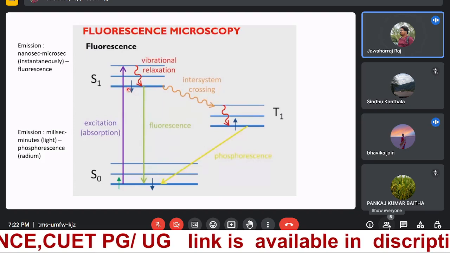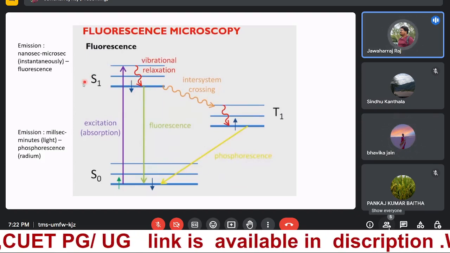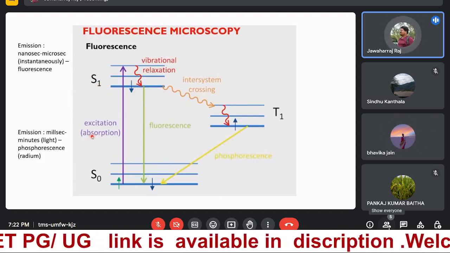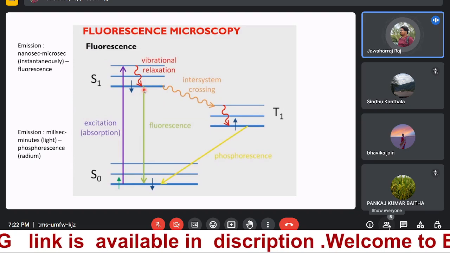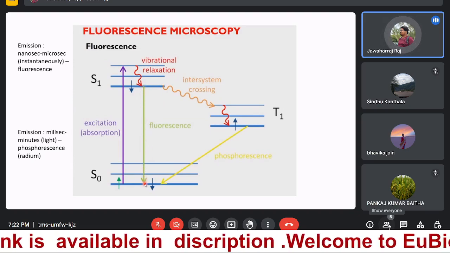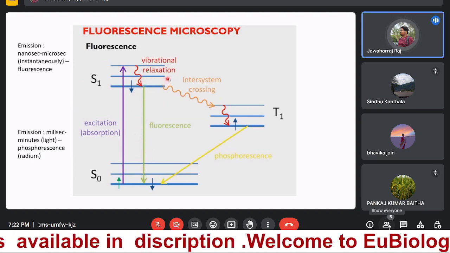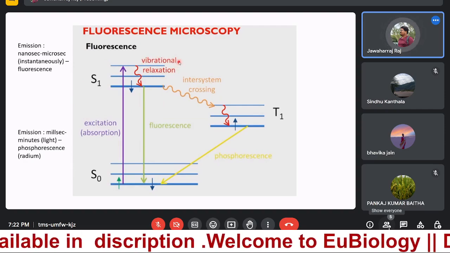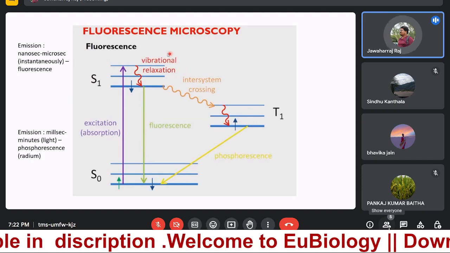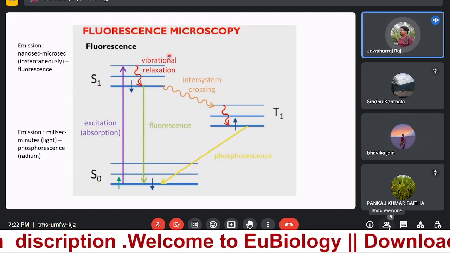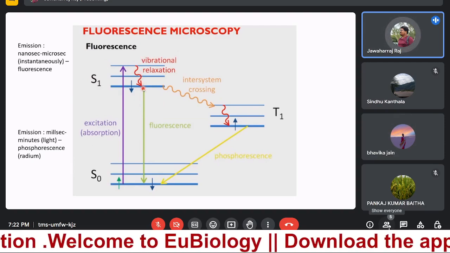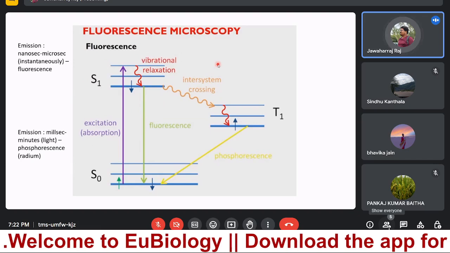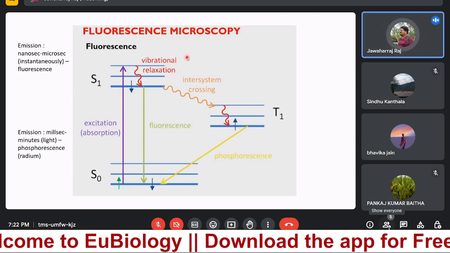But the energy the electron takes in is more compared to the energy it is leaving. Why? It is because of vibrational relaxation. This point I haven't told yesterday. Because of vibrational relaxation, some amount of heat is dissipated, means some amount of heat is lost.